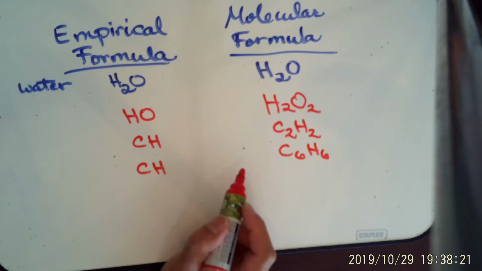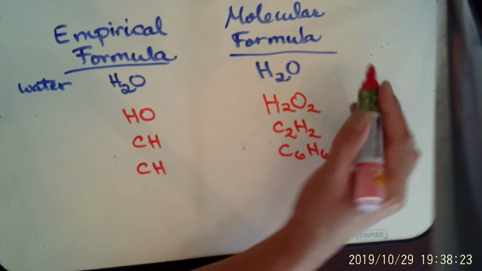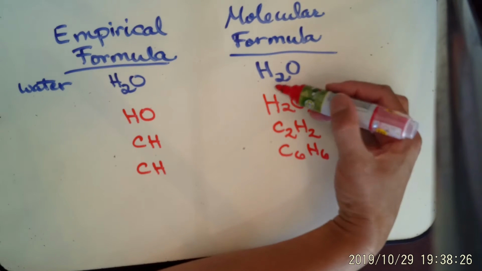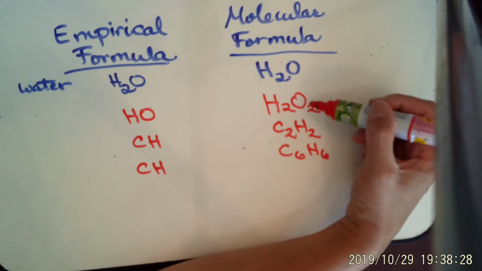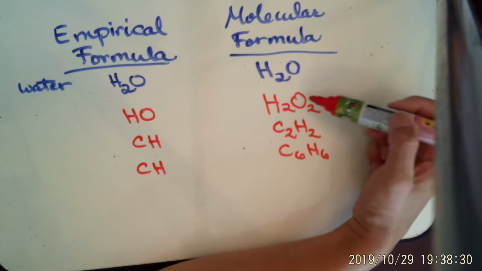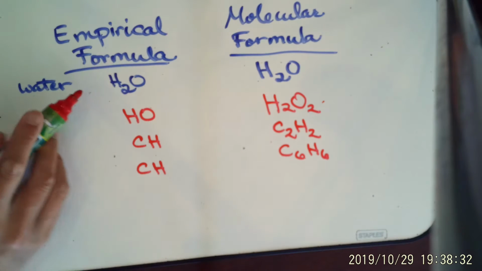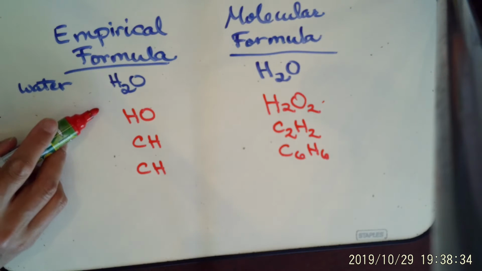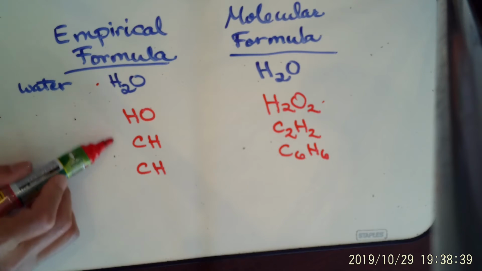Molecular formulas mean that in water, I have exactly 2 hydrogens, 1 oxygen. In hydrogen peroxide, I have exactly 2 hydrogens, 2 oxygens. The empirical formula gives me the simplest ratio. While this can be a molecule, these are not.